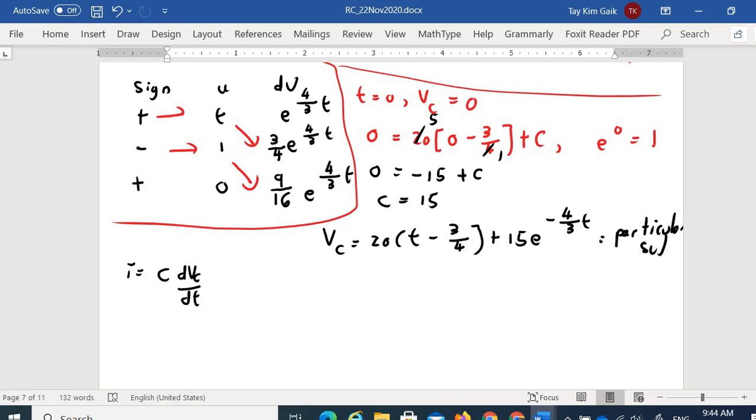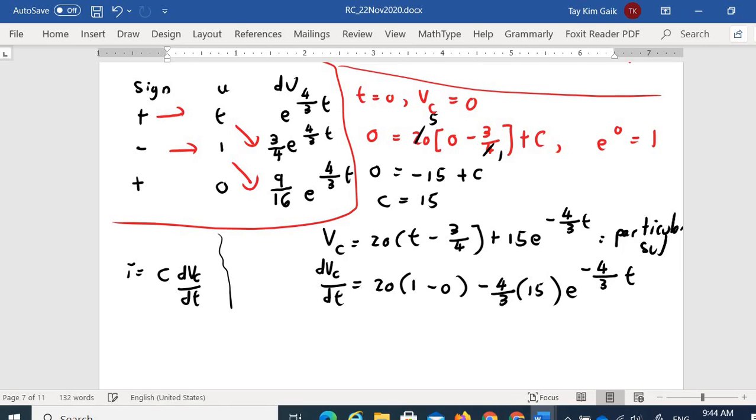Finding dVC dt, I get 20 times 1, differentiating the constant you get 0, and differentiating the exponent you get negative 4 over 3 times 15, exponent negative 4 over 3t.